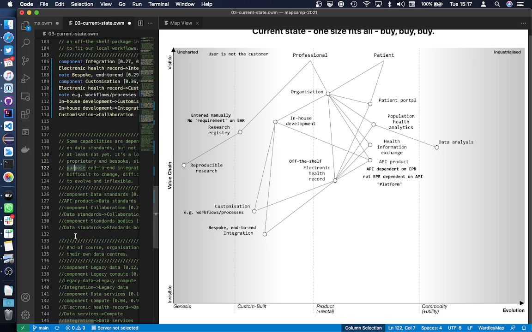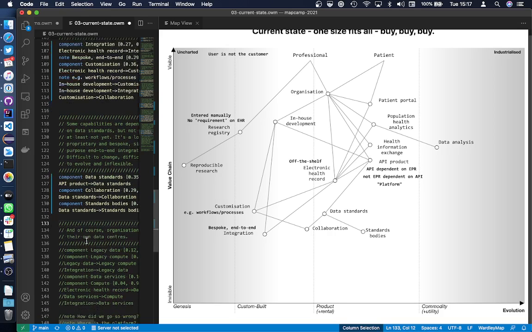So some of the capabilities that we need are predicated upon data standards. So for example, if we're going to be doing API work, if we're going to be customizing, we need to be collaborating. We need data standards and data standards bodies to tell us how to interoperate with these data, through our health information exchange, for example.